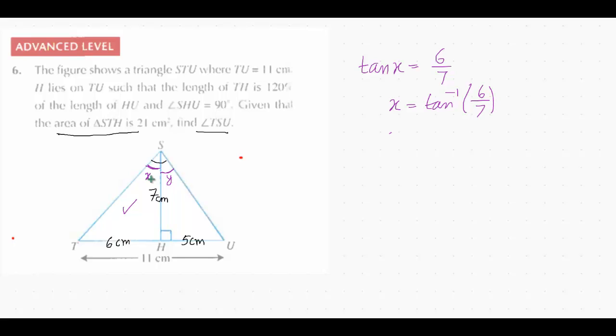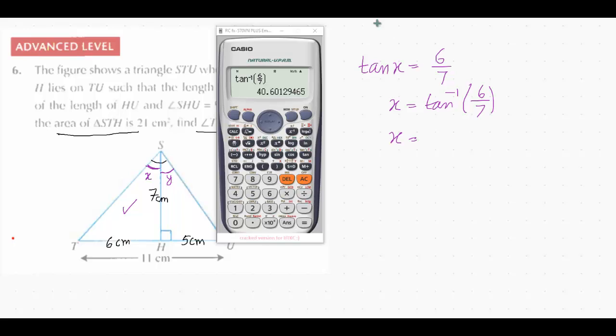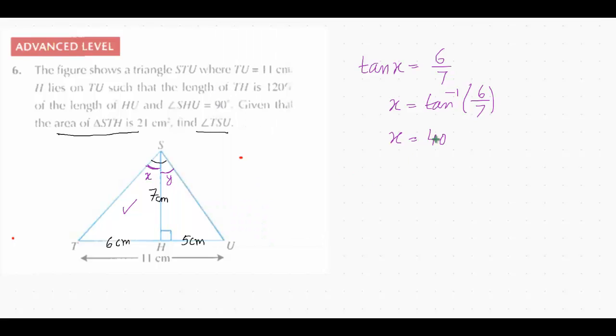Now by calculator, the X angle is 40.60 degree. So I have found X. Now I'm going to find Y. So again, this is a right angle triangle.